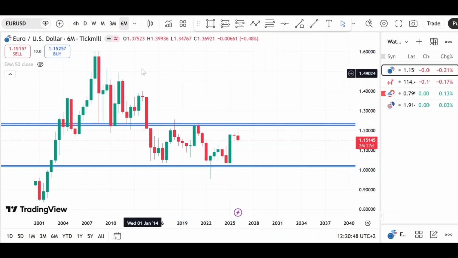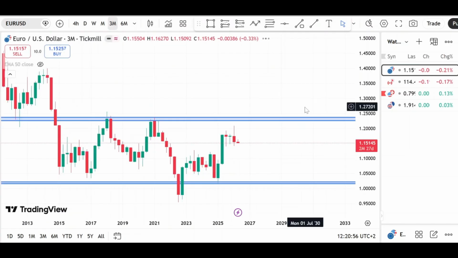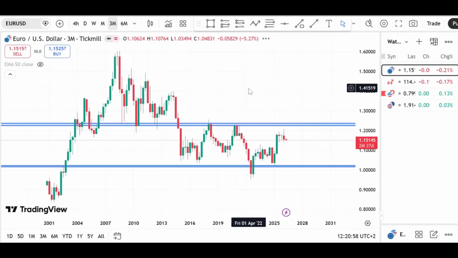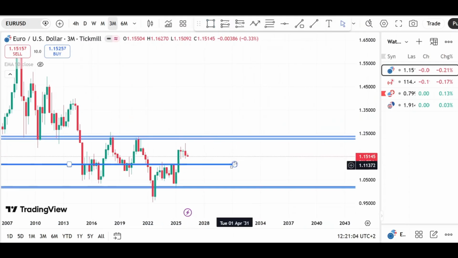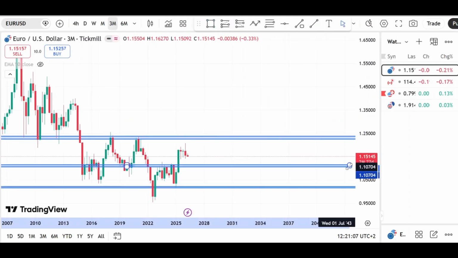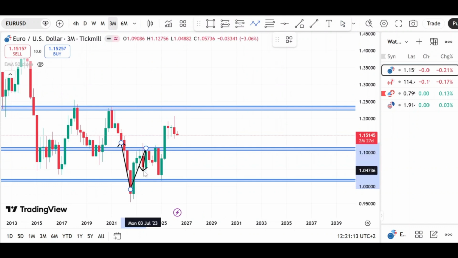Let's go to 3 months, where we can see the market very clearly. We are seeing the sellers. This is the three-month midway zone. We're in a range or consolidation, but the bars managed to break here to create a higher high.